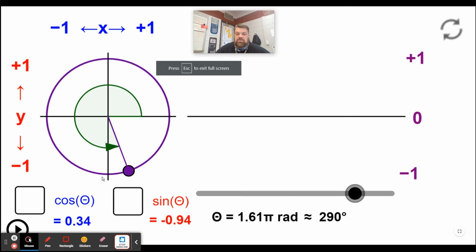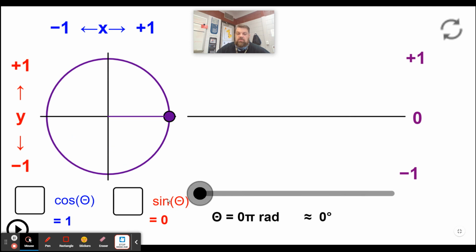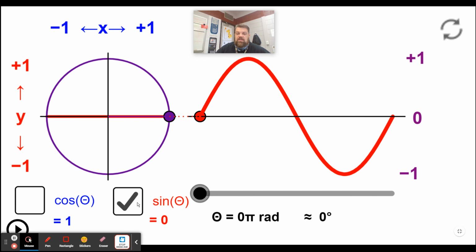Now, if I compare those things, so if I start all the way over here at 0, the sine function has a y value based on theta. So the y value is equal to y over the radius, which the radius is 1.